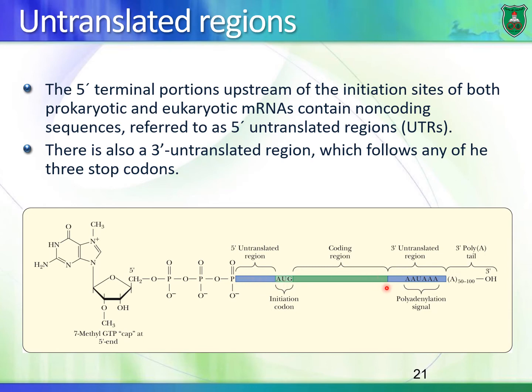Now here you have the stop codon for translation, and it's not the same as the termination sequence for transcription. So do not get things confused with each other. For translation, you have start and stop codons. For transcription, you have a transcription start site, and you also have a termination sequence. Okay?